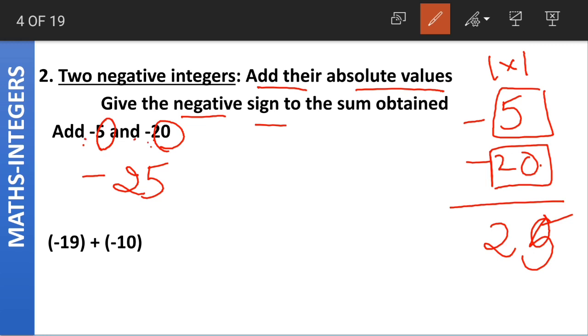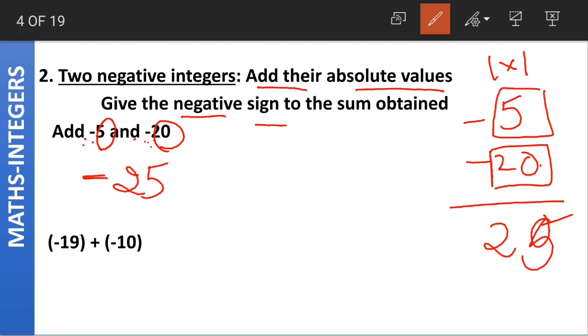As both the signs are negative in the given question, we put the negative sign for the answer as well. Like when we add 2 apples and 1 apple, the answer will be 3 apples. Apples is common in both the numbers, so apples is written in the answer as well. In the same way, both the numbers have negative signs, so we put the same negative sign before our answer.